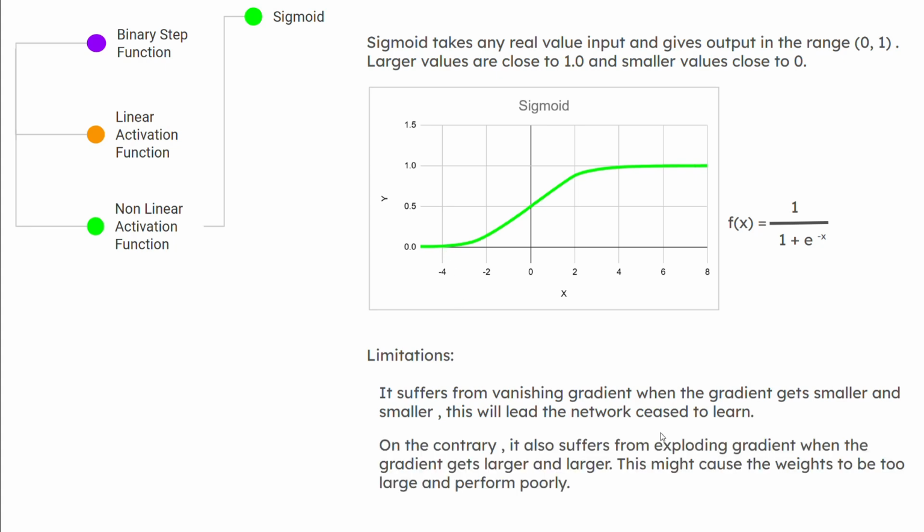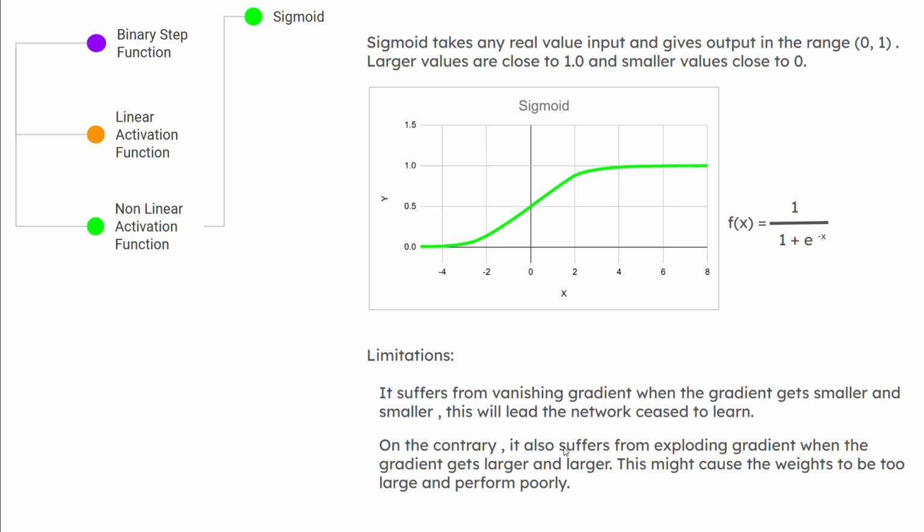And what is the other one? The other is, on the contrary to the smaller values, if the values get bigger, it creates a problem of exploding gradient when the gradient gets larger and larger.